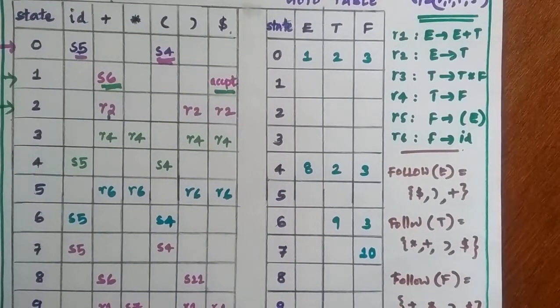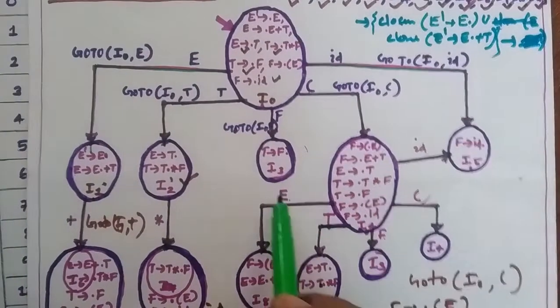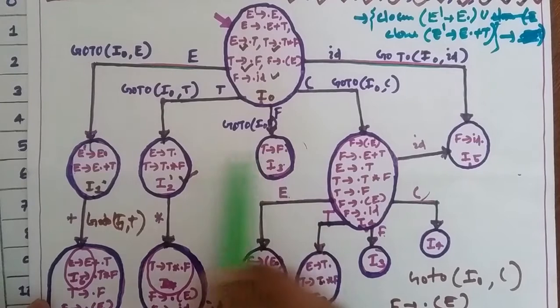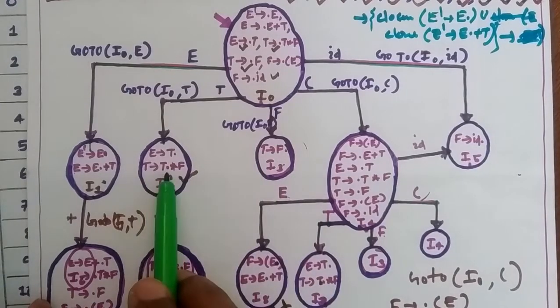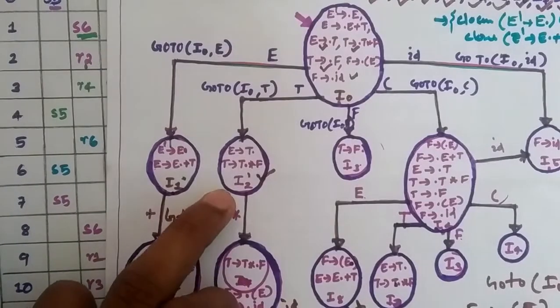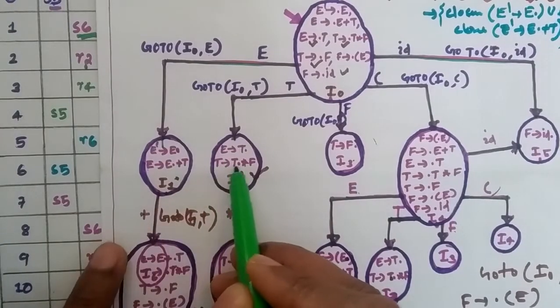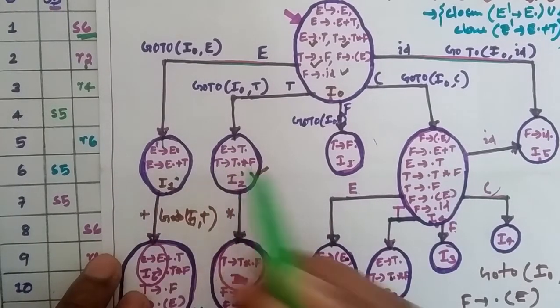So that is about I2. Yes, in I2, one more rule you can apply here: T gives T dot star F. So T dot star F is there.